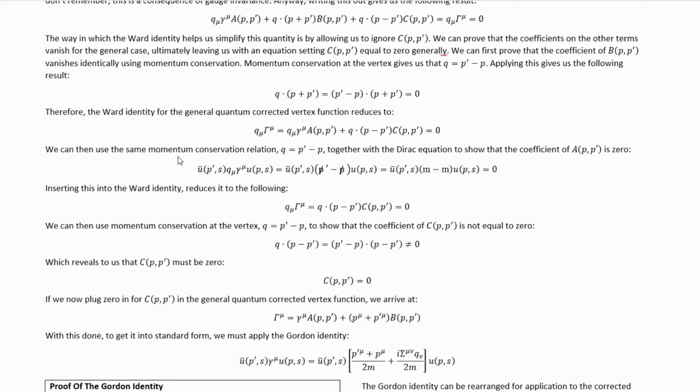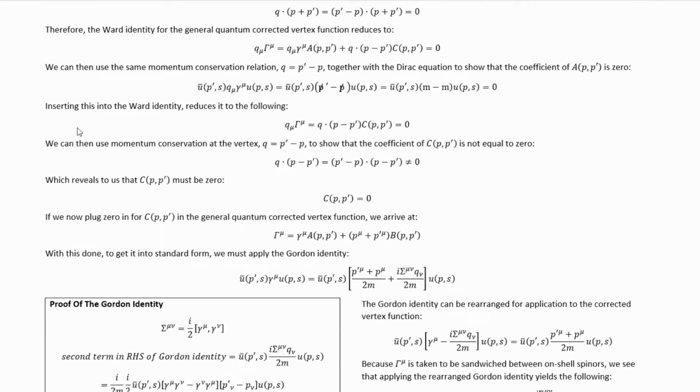We can then use the same momentum conservation relation together with the Dirac equation to show that the coefficient of this A scalar vanishes again when sandwiched between the spinors that this quantity, gamma mu, is sandwiched between. We can see by plugging that in, we arrive here, and then we can apply the Dirac equation to get us here, and then these masses cancel. Inserting this into the Ward identity reduces it to this.